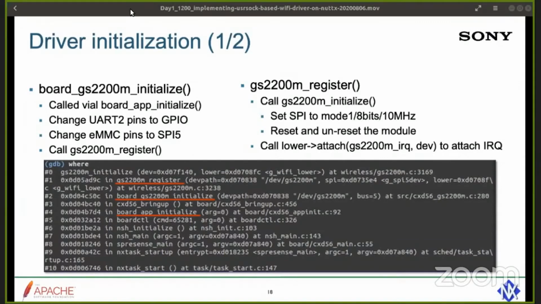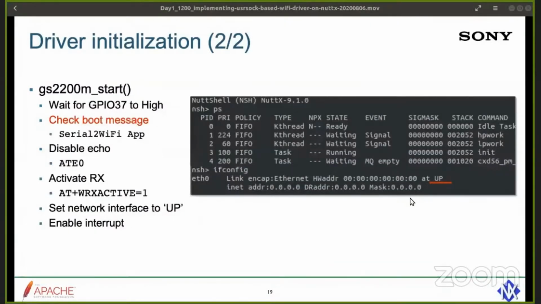In this function, set the SPI mode, reset the module, and attach the IRQ handler. After the IRQ is attached, GS2200M start is called. In this function, check the boot message from GS2200M. Then send commands to disable echo and activate the RX circuit, and finally enable interrupts.